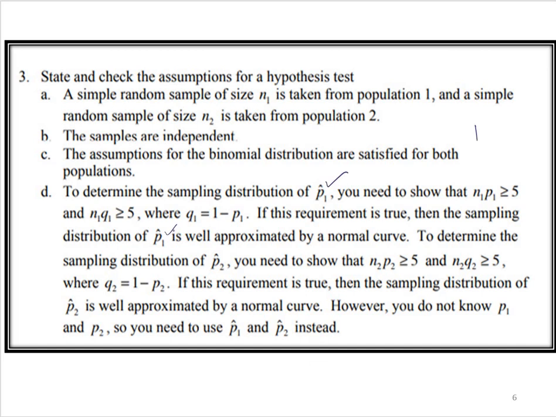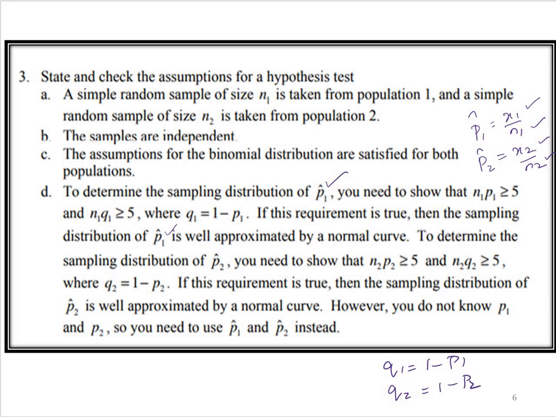You know how to find P1. P1 cap is equal to x1 over n1, and P2 cap for the second one is x2 over n2. That is the number of successes over the total number of samples. And Q1 is equal to 1 minus P1, and Q2 is equal to 1 minus P2.